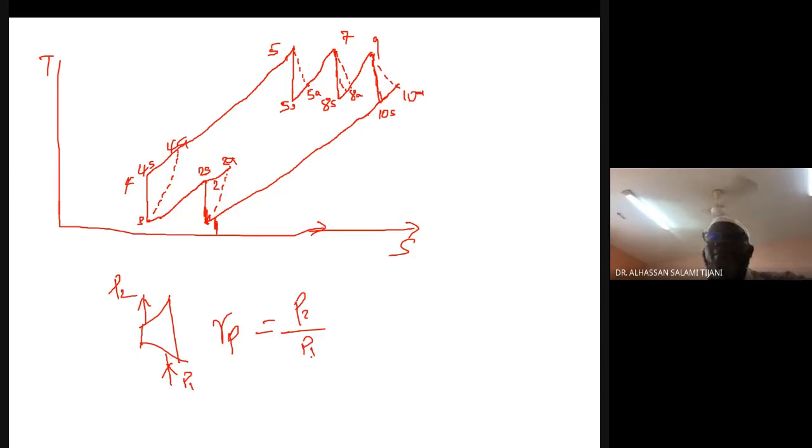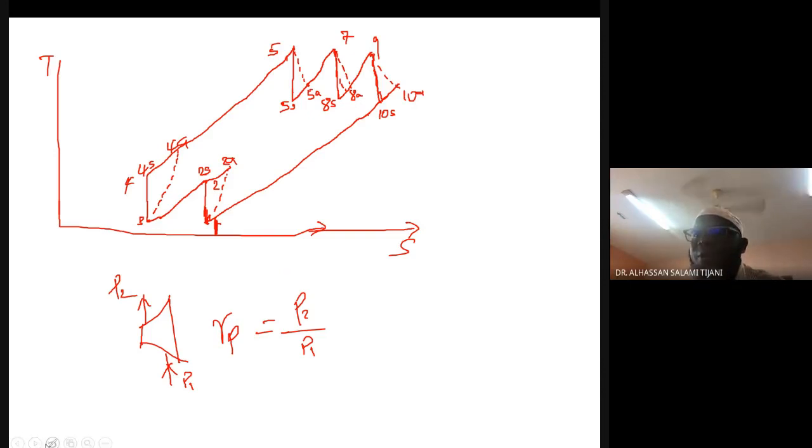All right. So now, what we need to know is that here we have two compressors. It starts from state 1 to 2 for compressor number 1, and then 3 to 4 for compressor number 2.